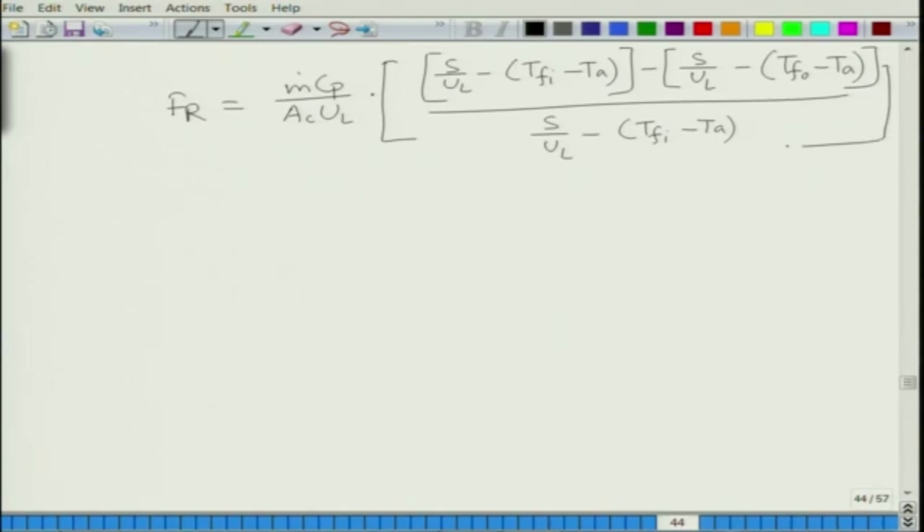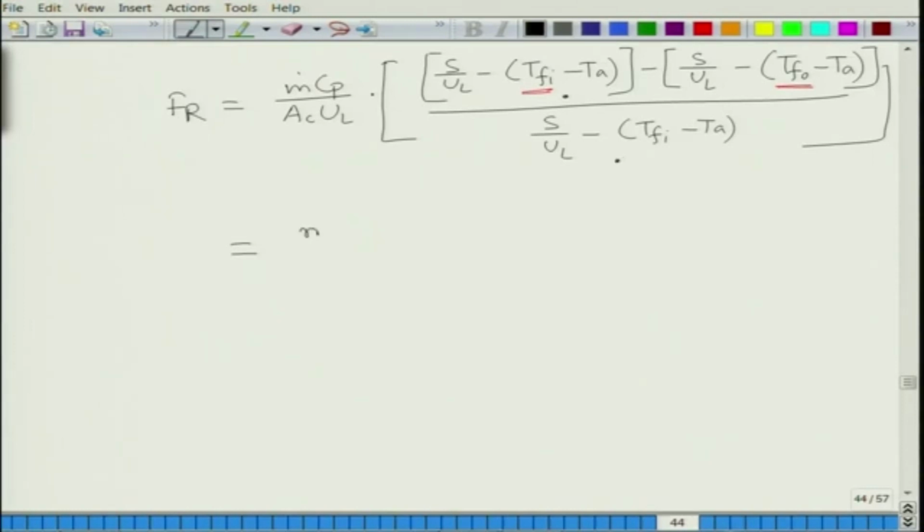So, nothing more we did, we just did some algebra on the numerator, and you can see that in the numerator we had T_F0 minus T_FI. It is still there, T_F0 minus T_FI, and all the other things cancel out, S over U_L cancels out, and T_A also cancels out. Now, once we have done that, we can see the first term here and the denominator is the same.